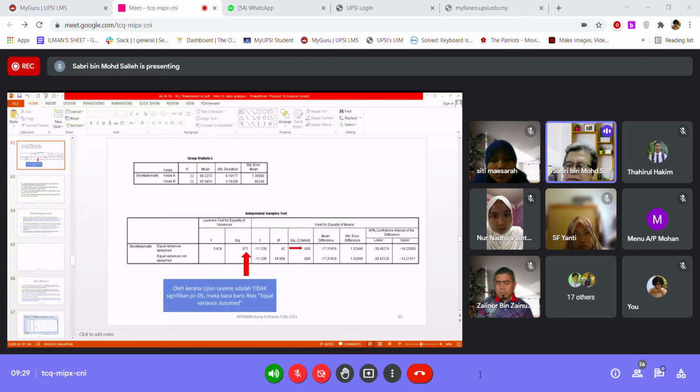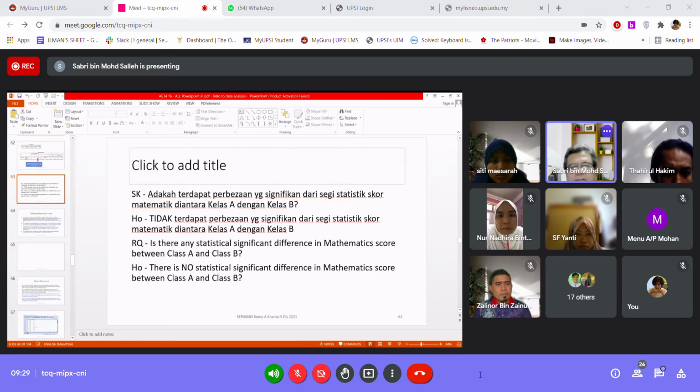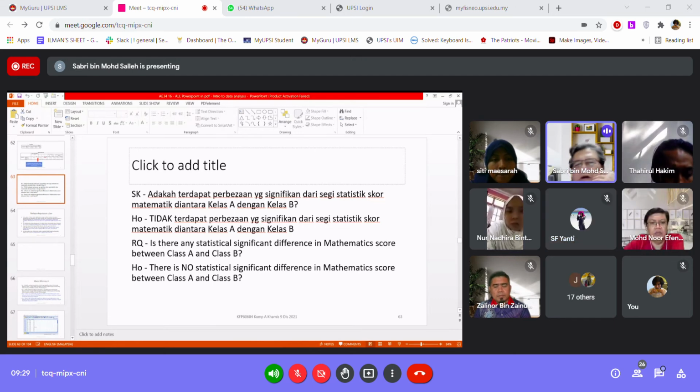Okay, so, kita akan patah balik belakang. So, we look at the research question. Okay, yang atas tu BM, yang bawah tu English. Okay tak? Adakah terdapat perbezaan yang signifikan dari segi statistik score matematik antara kelas A dengan kelas B? In English, is there any statistical significant difference in mathematics score between class A and class B?